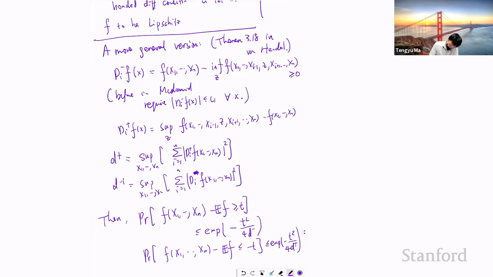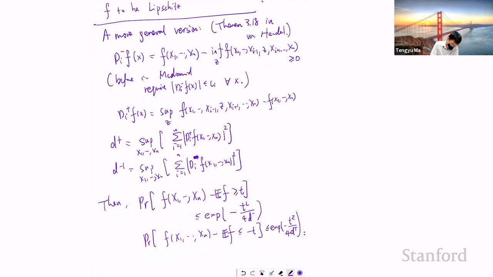For d plus. Of course, x1 up to xn are independent. Okay, so this is the theorem.